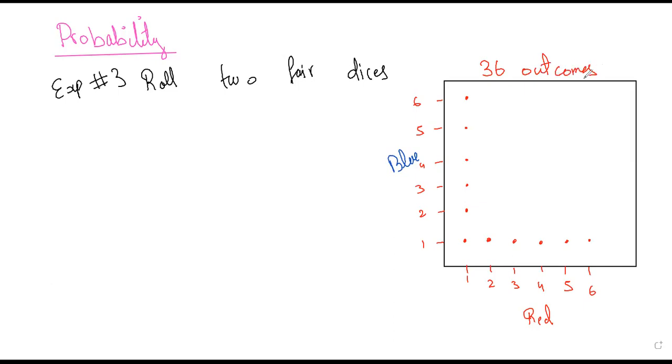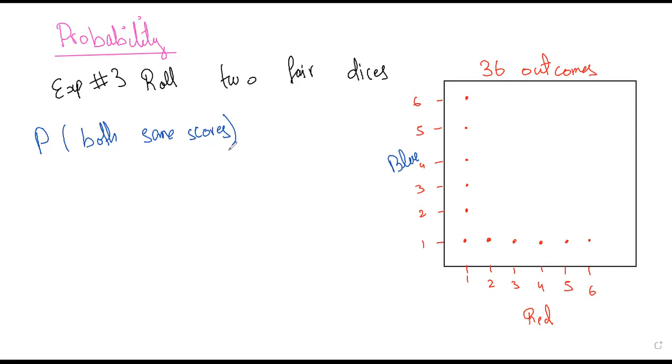Okay, let's talk about the questions here. The first one says, what is the probability that both dice show the same score?